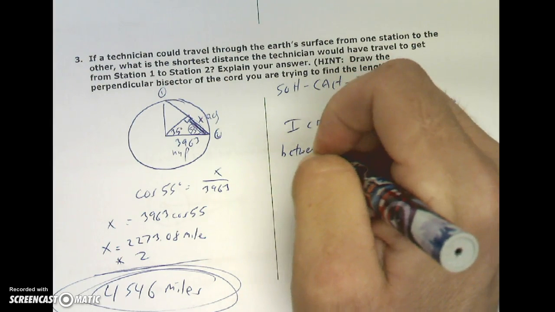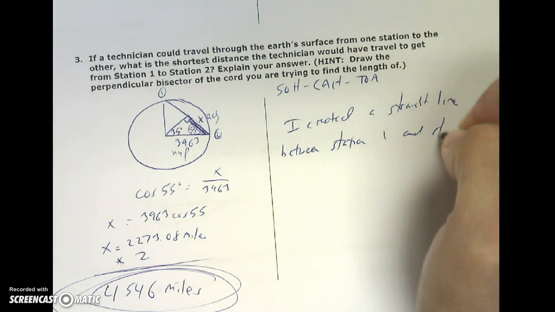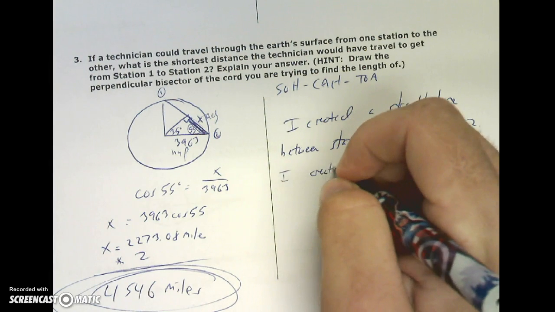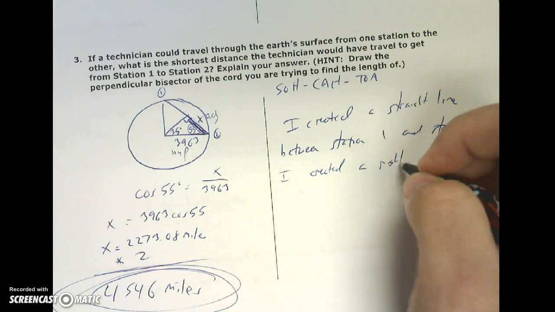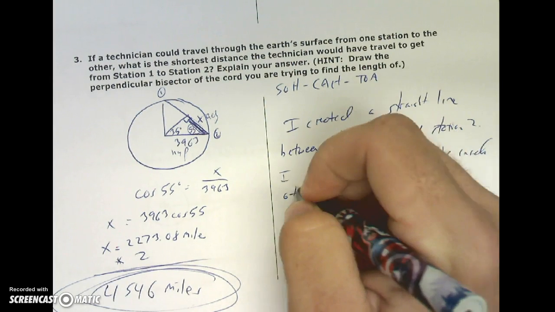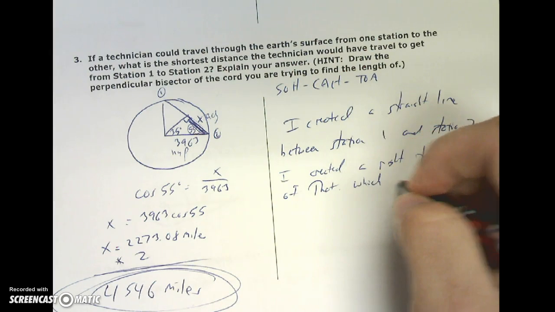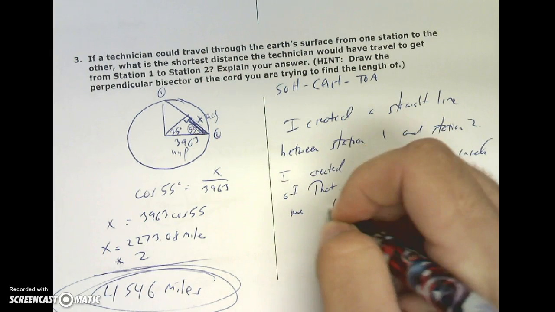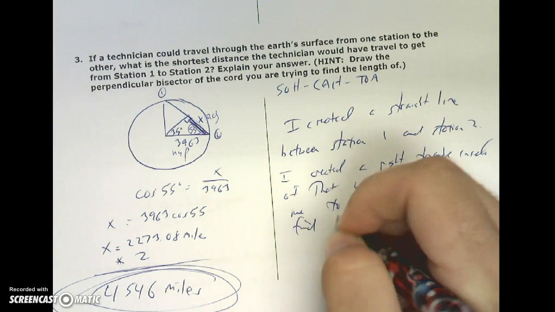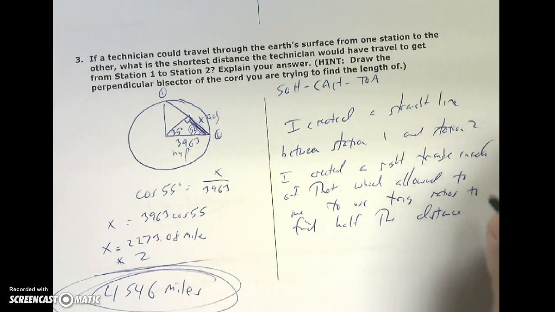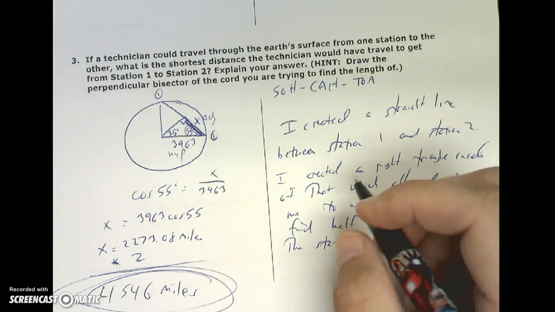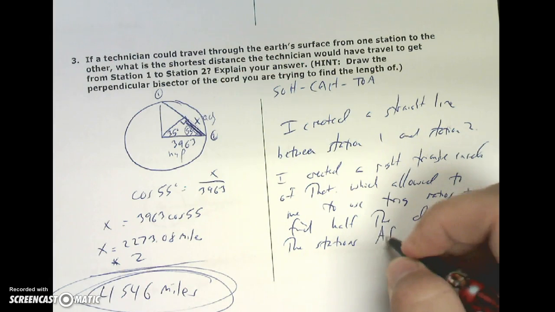between Station 1 and Station 2. Okay, and then I created a right triangle inside of that, okay, which allowed me to use trig ratios to find half the distance between the stations after doubling it.